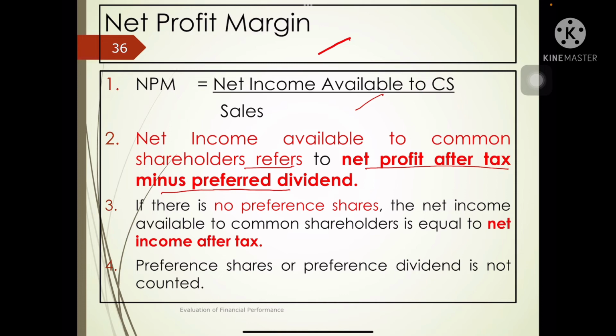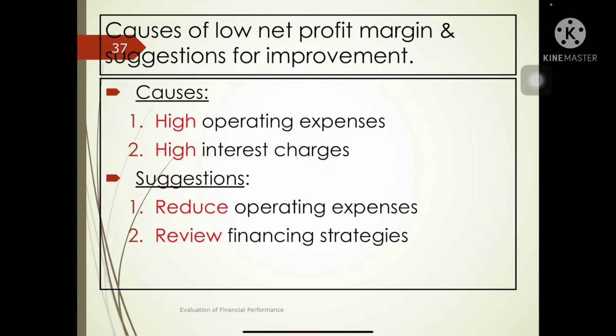If there are no preference shares, the net income available to common shareholders is equal to the net income after tax, as preferred dividend is not counted. Otherwise, we have to subtract the preferred dividend from our profit.